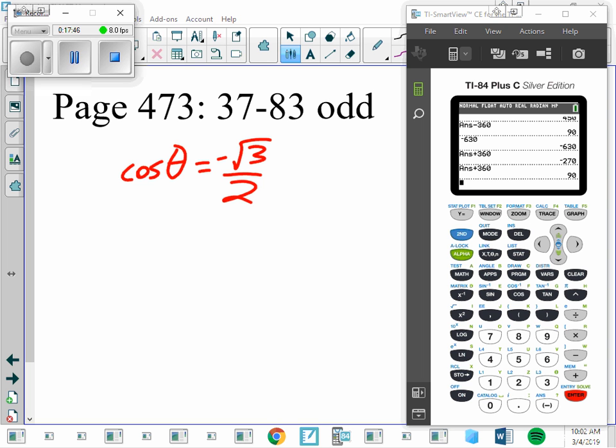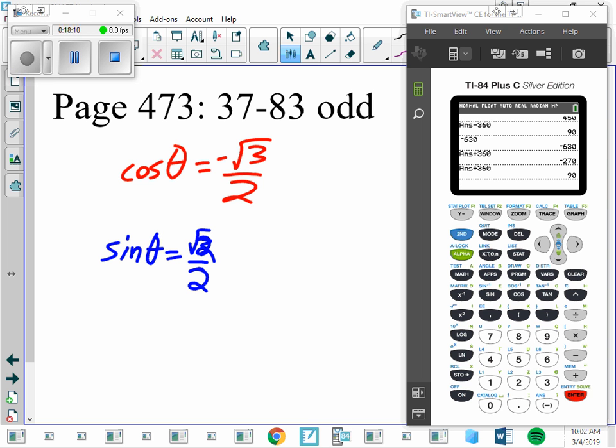Okay. What about the sine of theta equals √2/2? That's a 2 over 2. 45 and, nope, sorry, I'm looking in the wrong place. Yes, 45 and 135. Does everybody understand that?